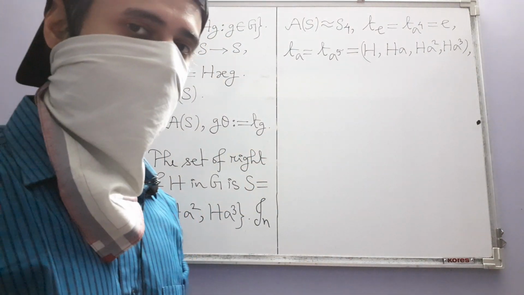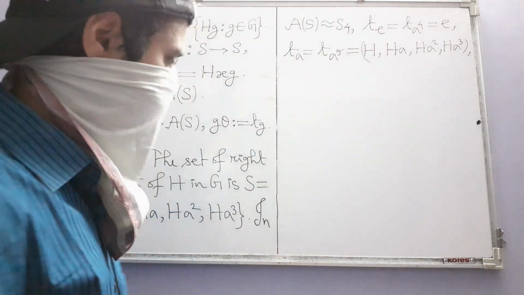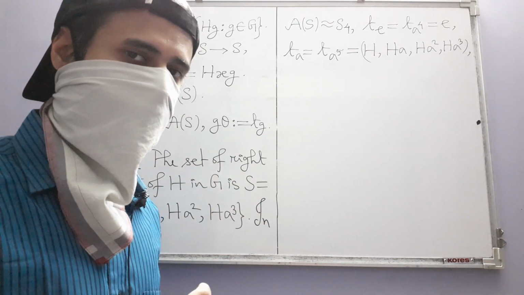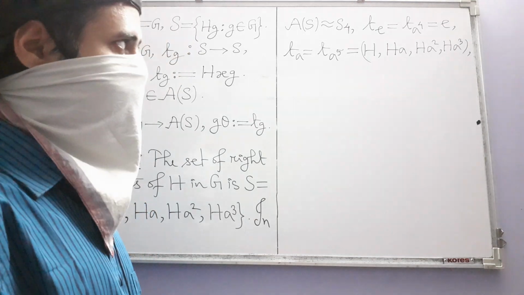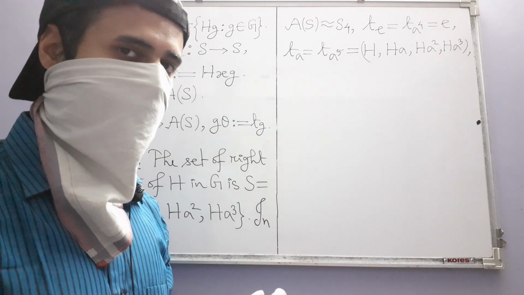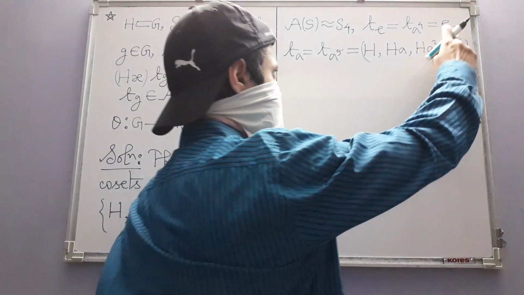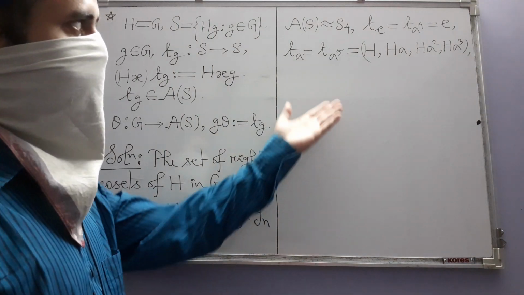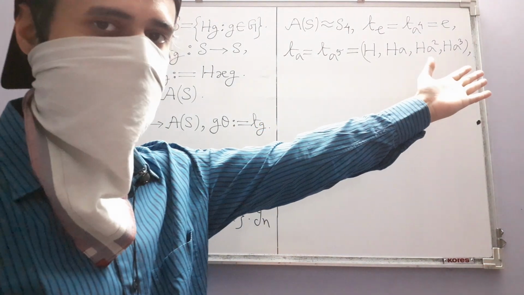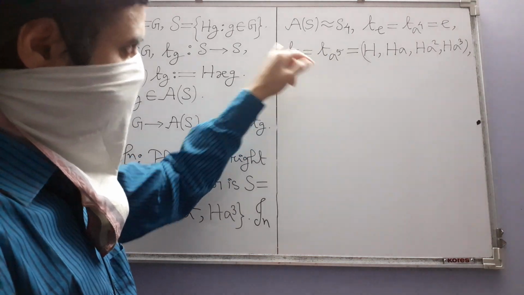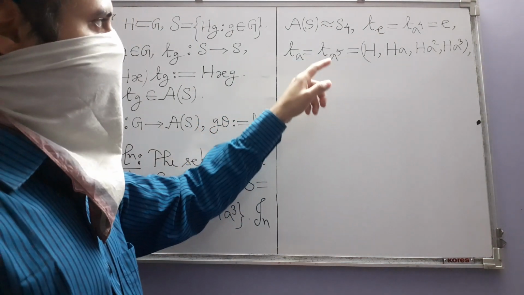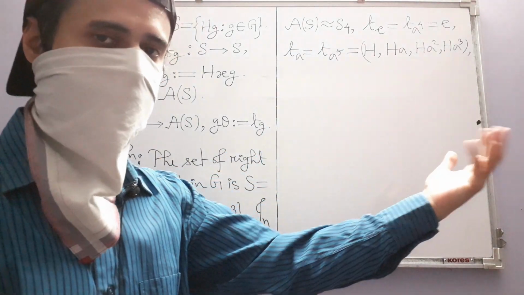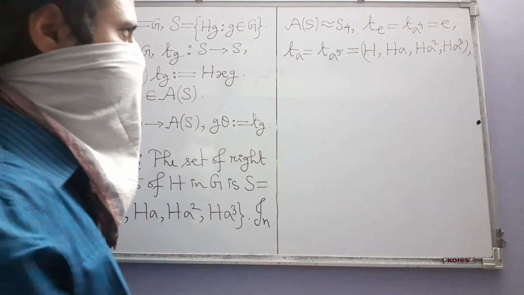And Ha cube will go to what? Ha to the power 4. But because H has a to the power 4 as its generator, a to the power 4 belongs to A, so Ha to the power 4 is actually equal to H. So that's why this gets mapped back to H. So by just looking at how things are going, we immediately see that yes, Ta is this 4 cycle. Then just like that, you can of course verify that Ta to the power 5 also will turn out to be this. So please do those parts.